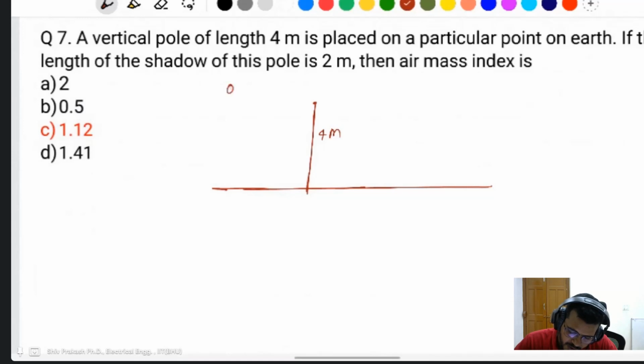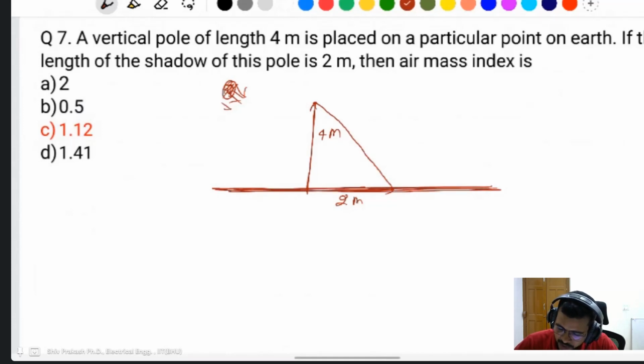Suppose this will be the sun. This will be 2 meter. This is the horizon plane. Then normal to this one is the zenith axis.